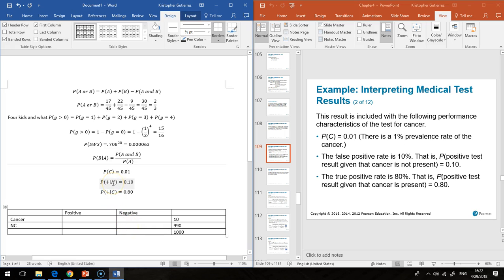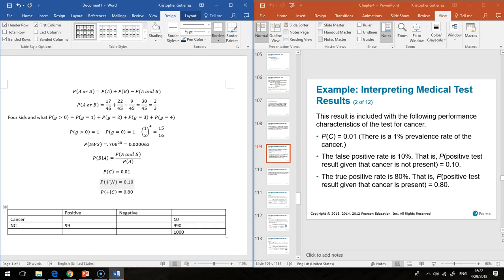Now the probability of a positive test result given that you have no cancer is 0.1. So that's going to be 99 divided by 990. That's 10% of them get a positive.